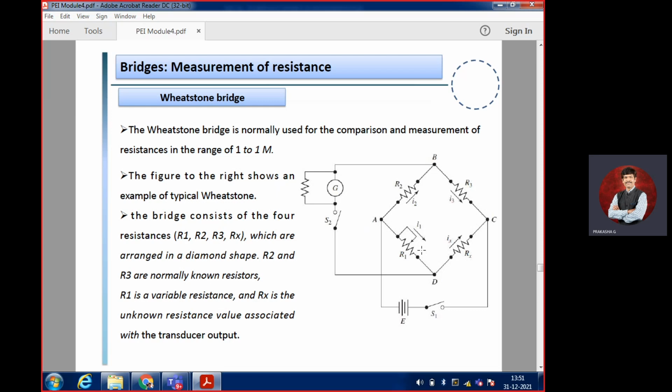No need to write the entire theory on the slide. Just mention four resistors: R1, R2, R3, Rx. R2 and R3 are fixed resistors, R1 is variable resistance, Rx is unknown resistance. I know from the far end you are not able to recognize which is R1, R2, R3, Rx.